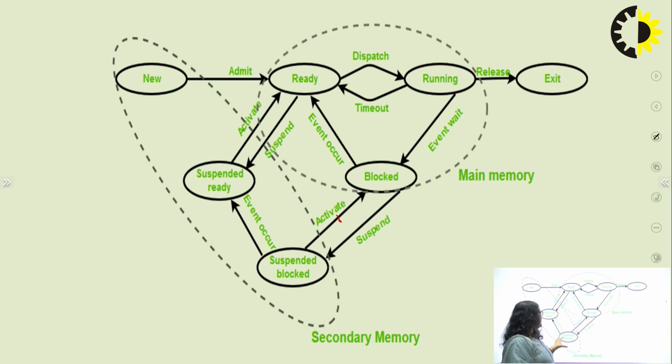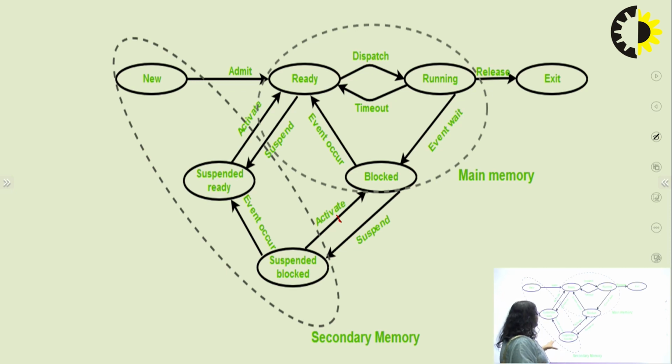So, this suspended block is part of the block diagram of that particular process life cycle. When the process needs to be executed, but due to some events or file executions we cannot move from the suspended block to the blocked, those processes that reside in the suspended block move to the suspended ready state.